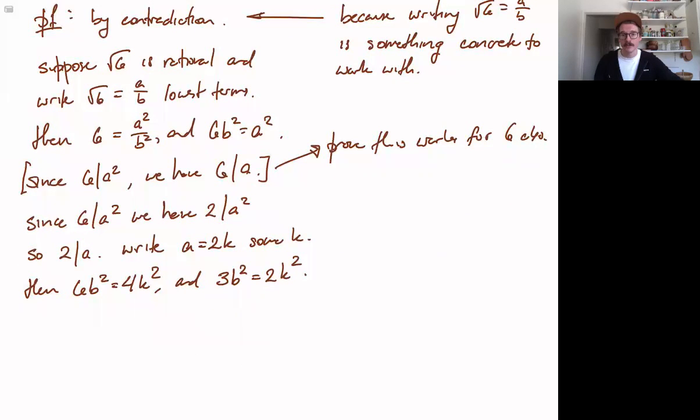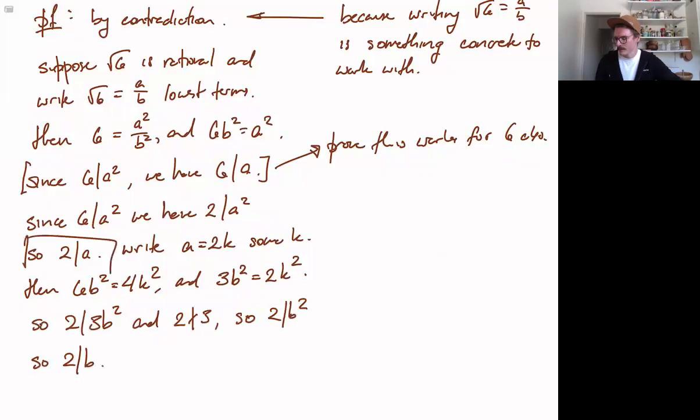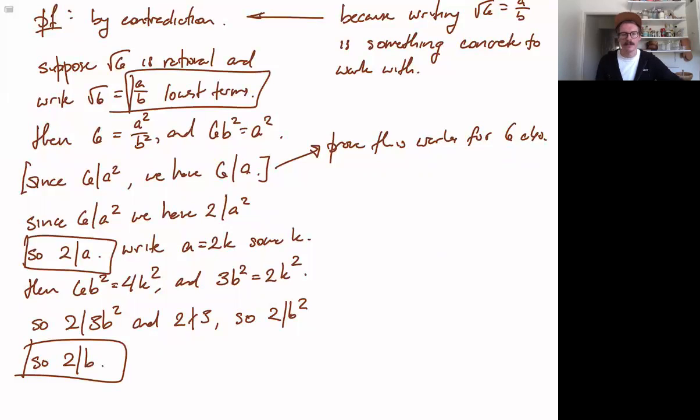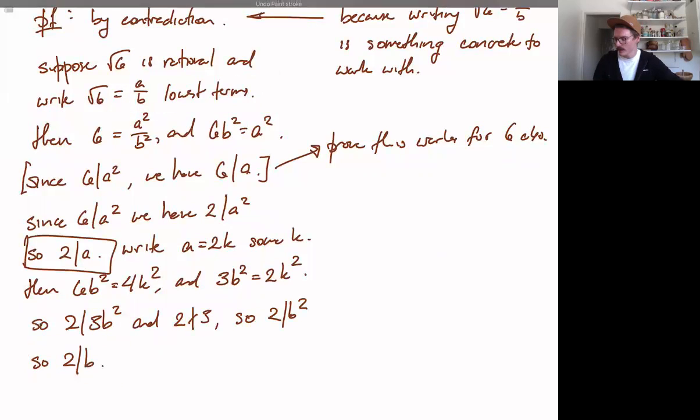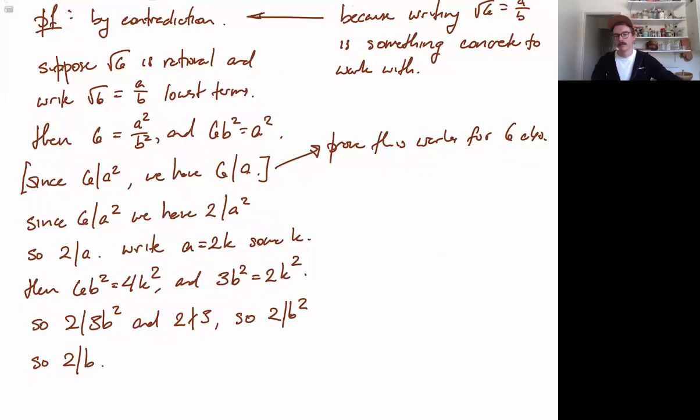But we can do that because 2 is a prime. So 2 divides 3b squared, and 2 does not divide 3. So 2 divides b squared, so 2 divides b. And now we have gotten where we want to. So this is the usual contradiction that we get in these problems. We assume this fraction is in the lowest terms, and then we show that they both have a common factor. So contradiction.